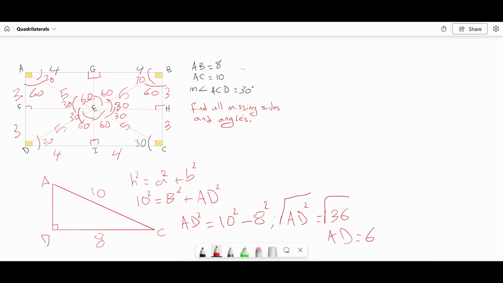And also by knowing that the internal angles of any triangle add up to 180, we were able to find immediately some other angles. And again, by knowing angle patterns and Pythagoras, we were able to solve this problem.